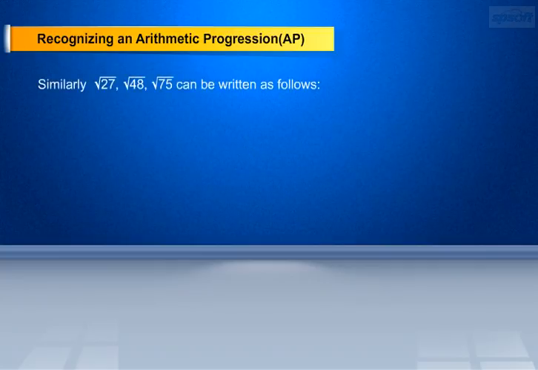Similarly, root 27, root 48, and root 75 can be rewritten in terms of root 3. Root 27 equals root 9 into 3 equals root 9 into root 3 equals 3 root 3, since root 9 equals 3.